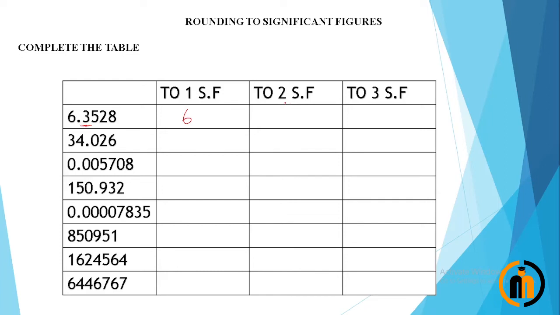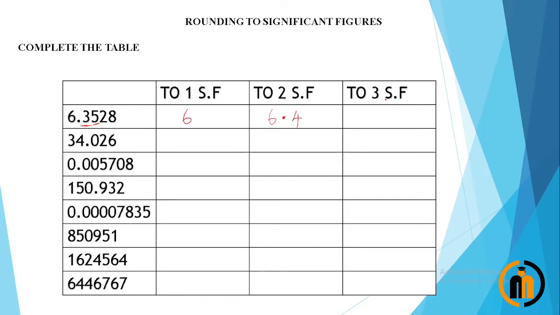Now let's check for two significant figures. The first non-zero number remains as it is, and the decimal point remains as it is. For the 3, you need to check the next digit, 5. Since 5 is 5 or greater, you add 1 to the previous number, which means 6.4. Now there are two significant figures.